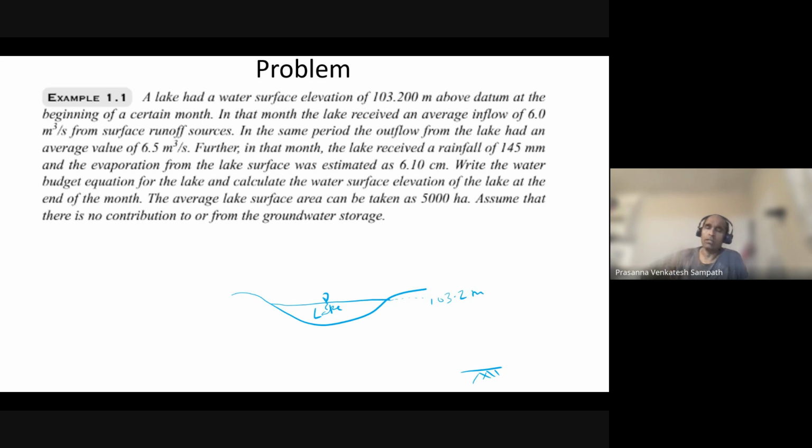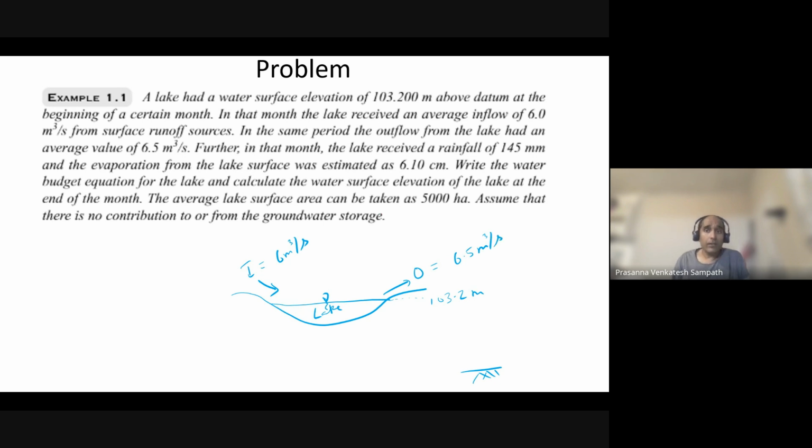Above that datum, the water surface elevation is 103.2. It is receiving an inflow of, let's call it I, equal to 6 cubic meters per second. And there is some outflow, I'll call it O, and that is 6.5 cubic meters per second.